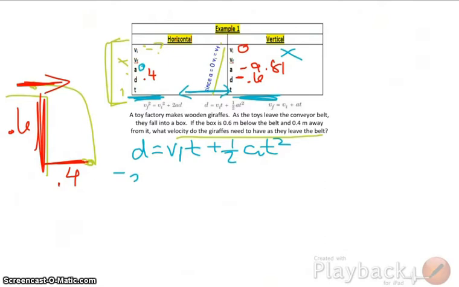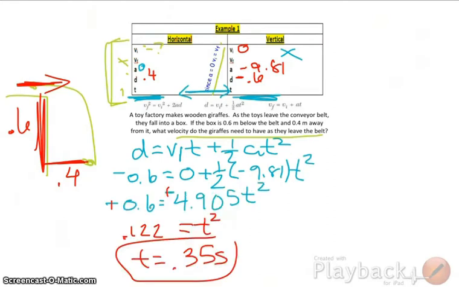Negative 0.6 equals VI is 0 plus 1/2 A, negative 9.81, T squared. We're solving for T. We get T equals 0.35 seconds. Now we get that because we multiply 1/2 by 9.81, simplifying it down.